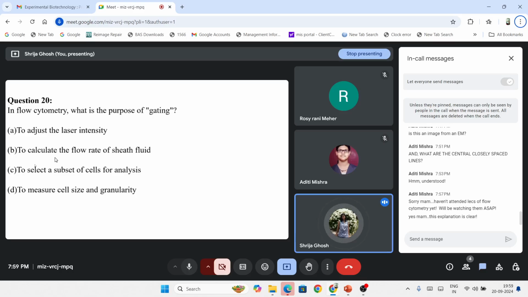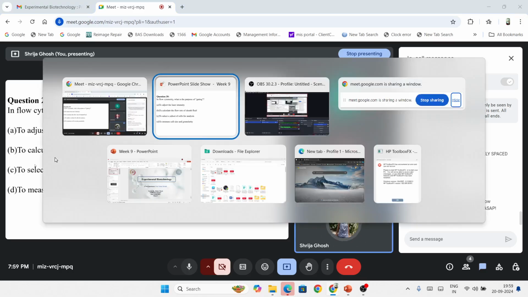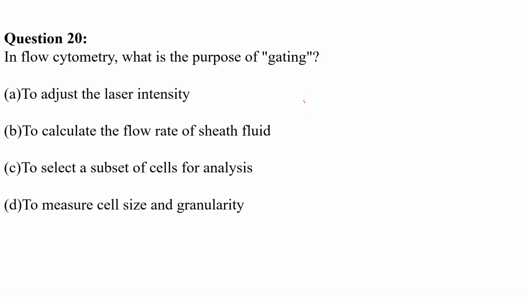We are running out of time, so I'll just explain quickly. I told you about forward scatter and side scatter, right? Once we obtain the data, we'll get it in a graph like this. Let's say we have multiple dots here for different cells. This region has higher forward scatter and higher side scatter.